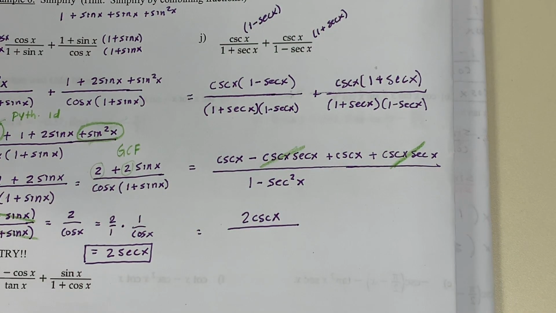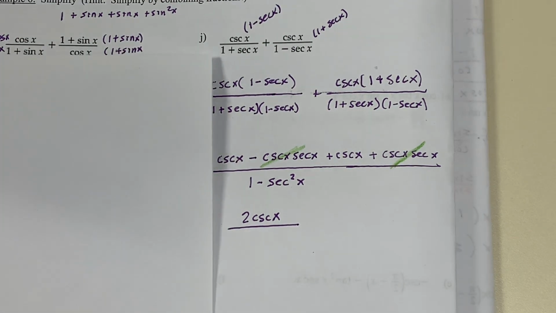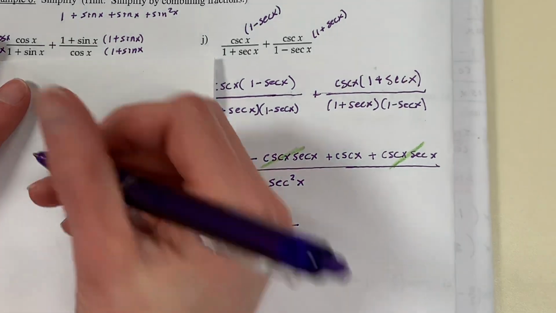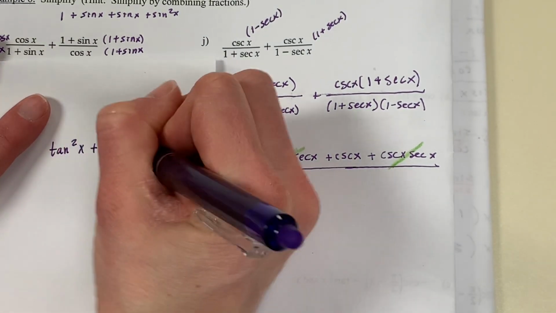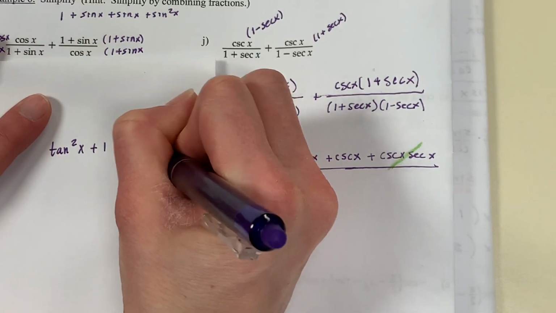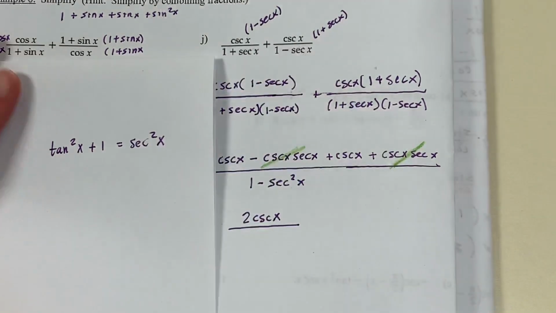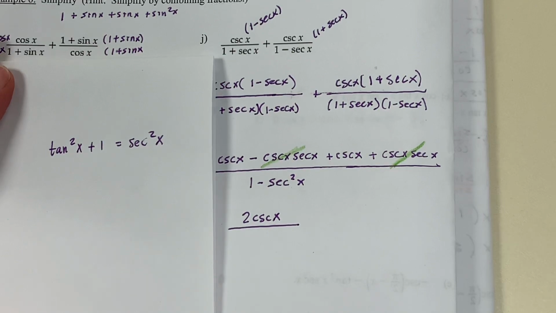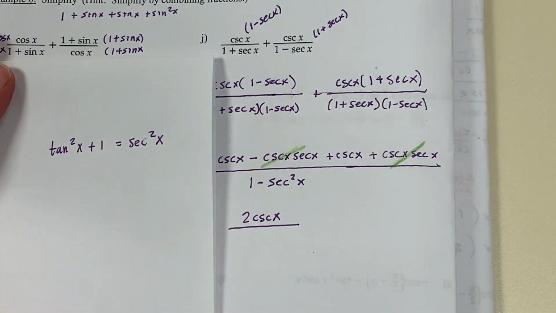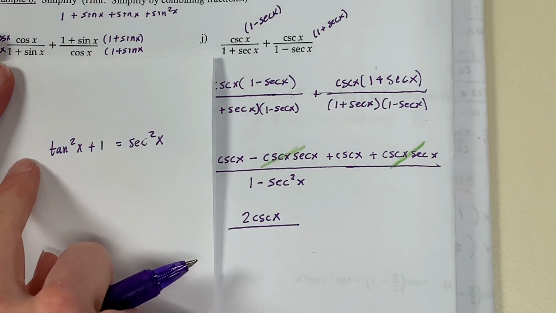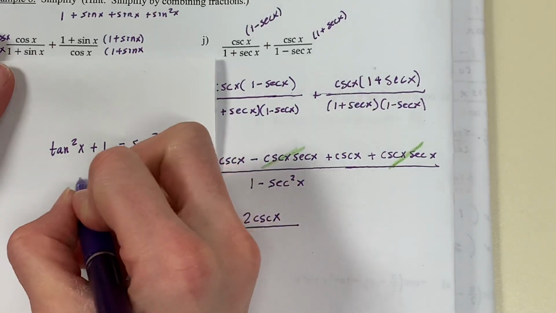Okay, in my denominator, I have 1 minus secant squared x. Now, we have a Pythagorean identity that's tangent squared x plus 1 is equal to secant squared x. I need to maneuver this equation so that I have 1 minus secant squared x on one side of the equation. So the first thing I'm going to do is subtract tangent squared x from both sides.